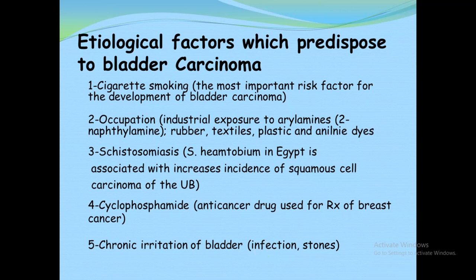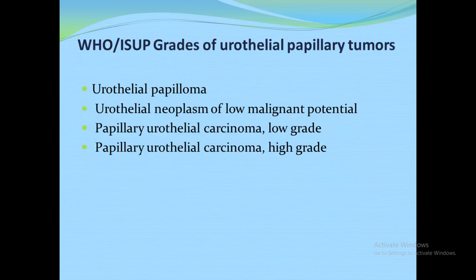Dysplastic changes تبدي mild to moderate to severe dysplasia and then carcinoma in situ and then invasive carcinoma. So chronic irritation can lead to transitional cell carcinoma, squamous cell carcinoma of urinary bladder.